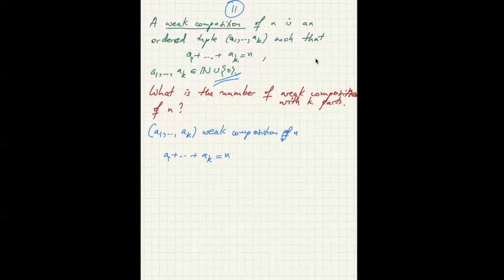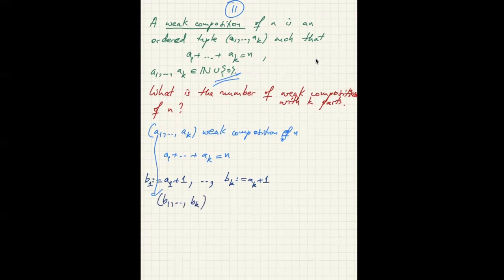So let's define b1 to be a1 plus 1, and let's define bk to be ak plus 1. So from this sequence a1, ..., ak, we just created a k tuple b1, ..., bk.